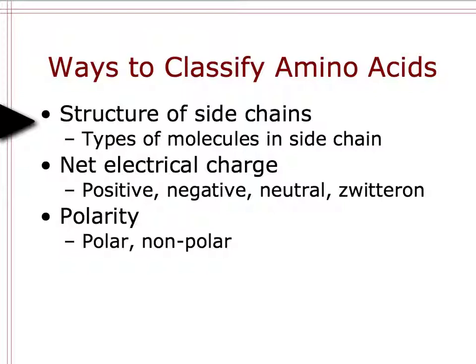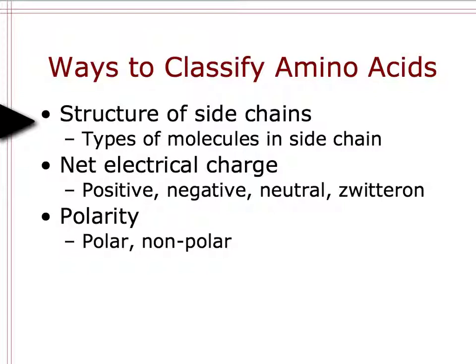All of these ways of classifying amino acids really is looking at how are they going to interact. That's really what makes it meaningful to think about the classification of amino acids. For example, if an amino acid has a positive electrical charge, it's going to be attracted to another molecule with a negative electrical charge. If an amino acid is polar, it would dissolve easily in water.